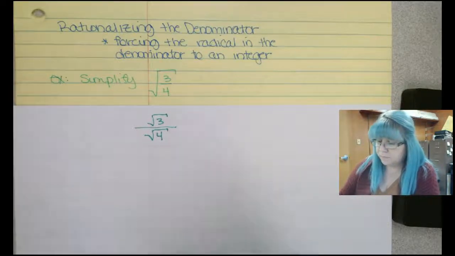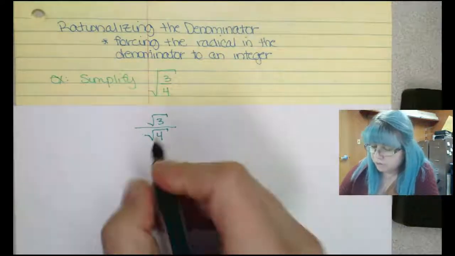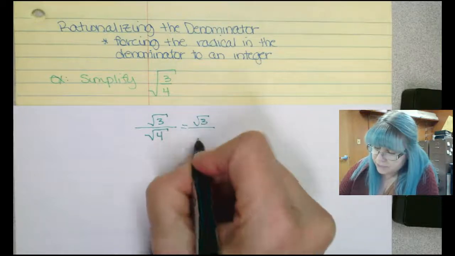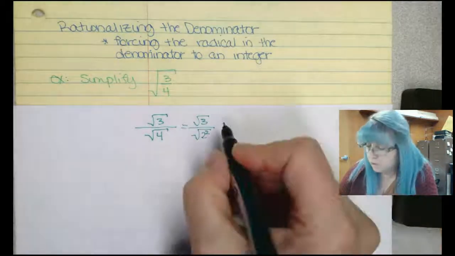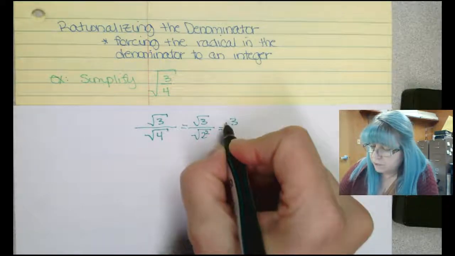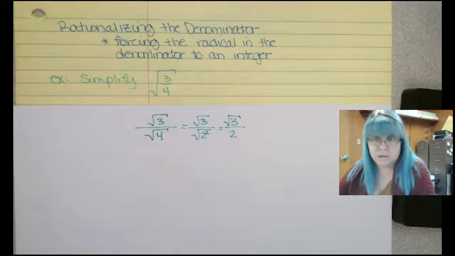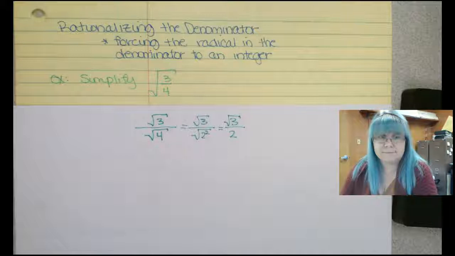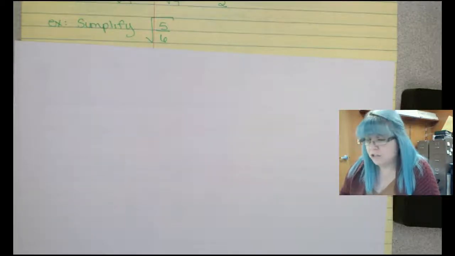Right now, I can simplify the radical in the denominator because I can write it as the square root of 2 squared. Well, the square root of 2 squared is 2, and therefore no more radical in the denominator. Okay? I'm good with all my rules. That problem worked out really well because it was a perfect square in the denominator already.